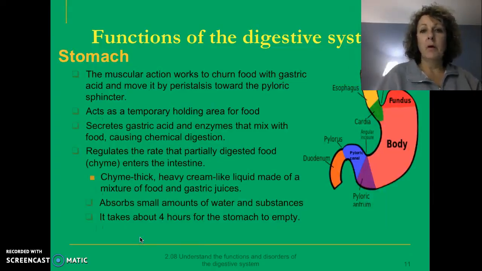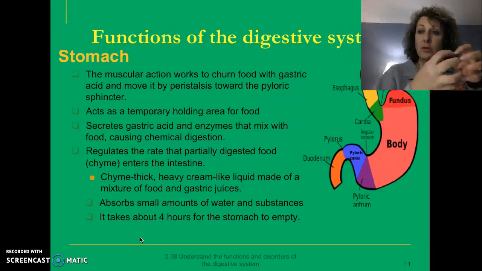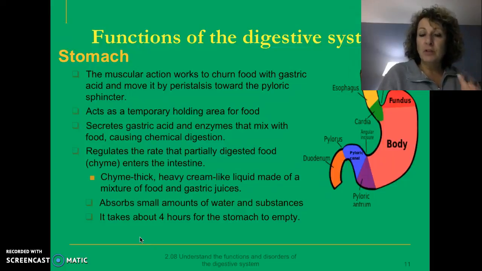Stomach, all right? It also moves and churns food, squeezes and contracts, helps that food to digest some more, or break down some more. Peristalsis helps it to move into the pylorus, which is at the beginning of the small intestine. It acts as a temporary holding place for the food.